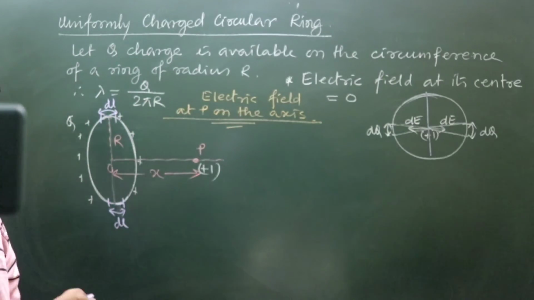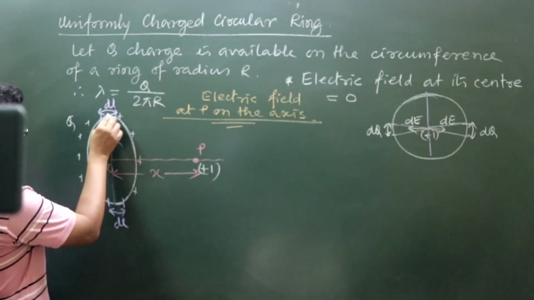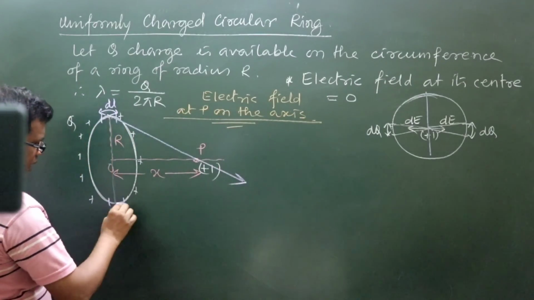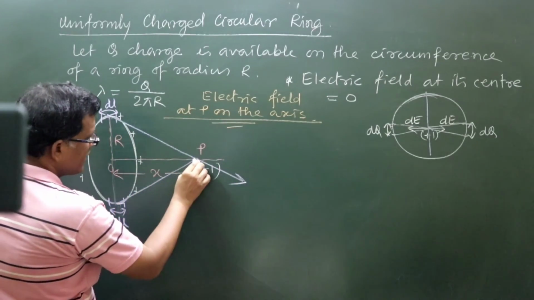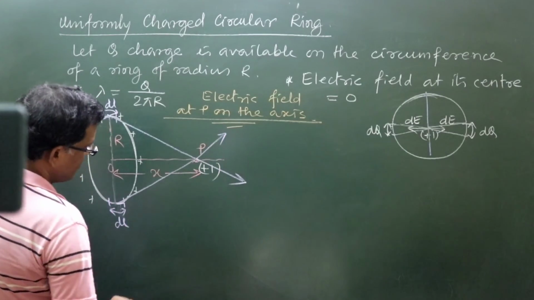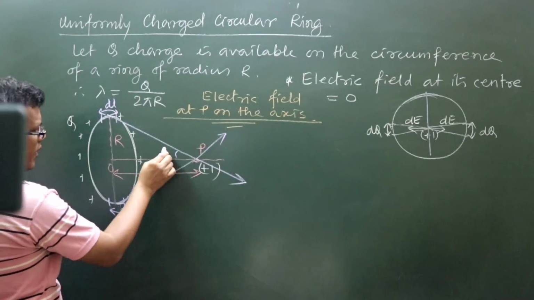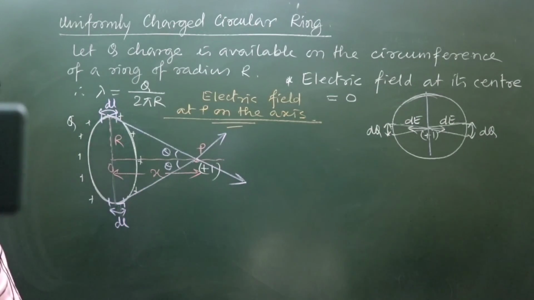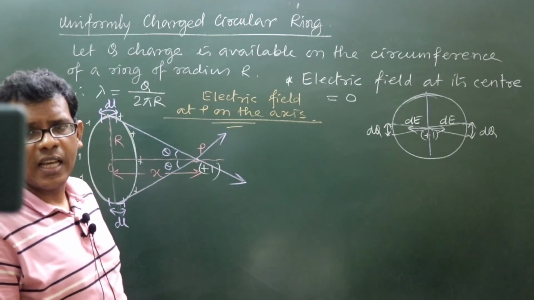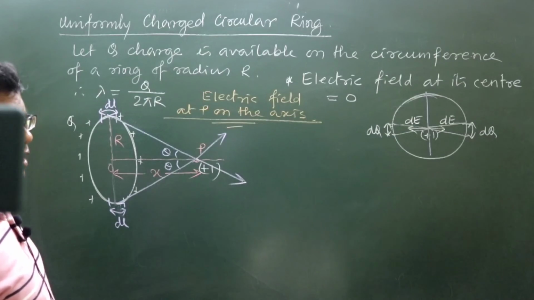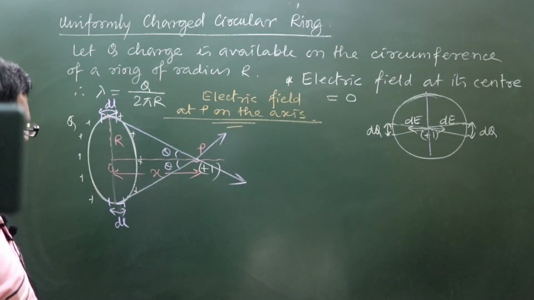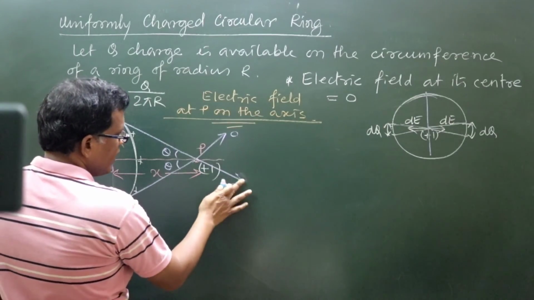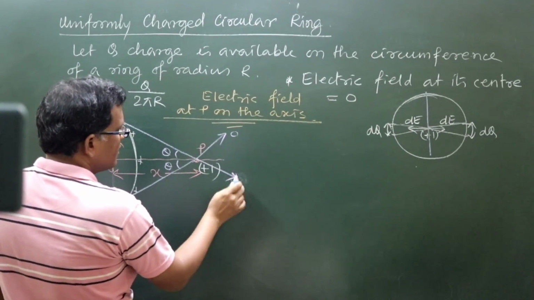Fine. So this element charge will exert a repulsive force on +1. This element charge will also exert a repulsive force on +1. Geometrically, if I take these two angles, theta is the semi-vertical angle, because this line is the slant line joining the circumference of the ring with a point on the axis, right? So let these be BD and DE each.